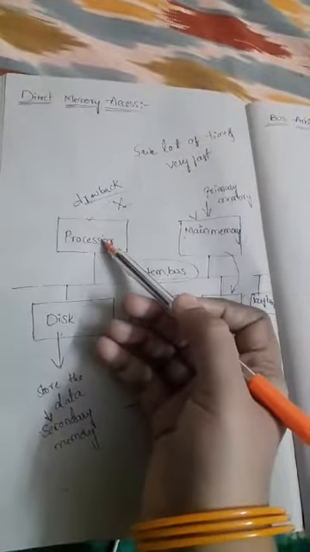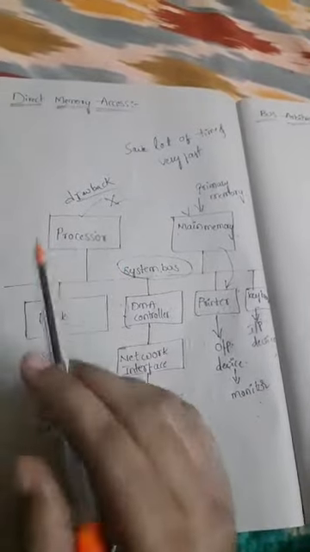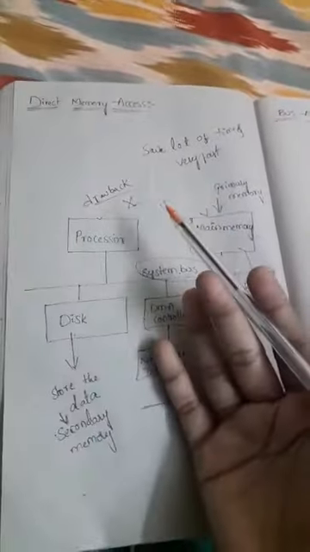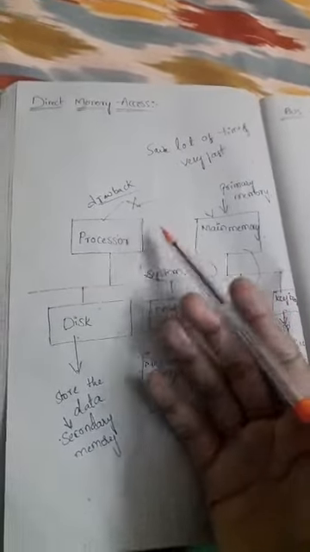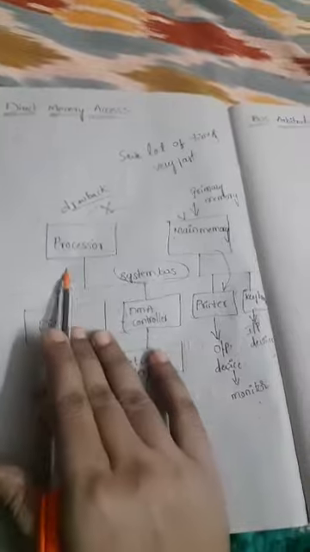If you remove the processor, one problem will be raised. What is that problem? Without the processor there is no computer, we already know that, right? So then what to do?